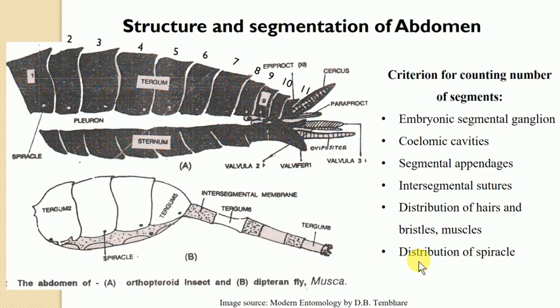And lastly the distribution of the spiracles, because if you see the abdominal segments, generally each abdominal segment is provided with a pair of spiracles, and according to how many spiracles are present in the abdominal region, that also gives you an idea of how many abdominal segments are present in the insect.